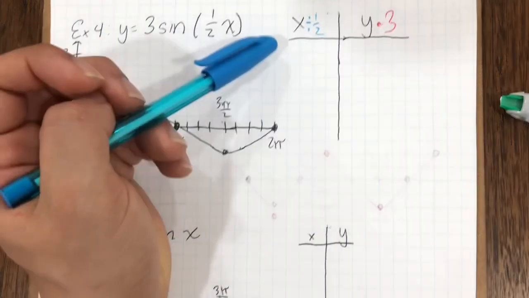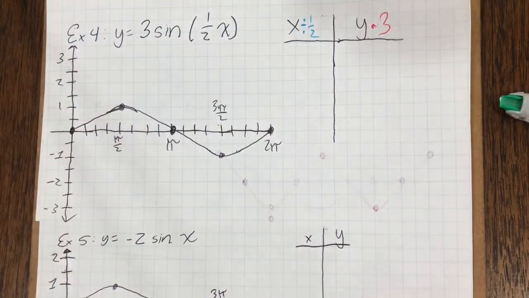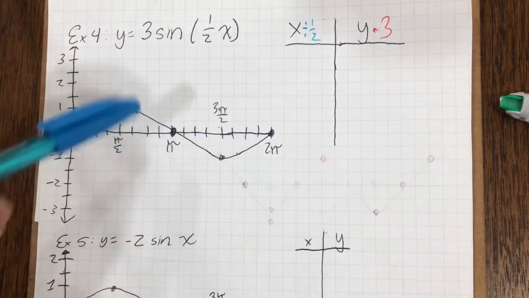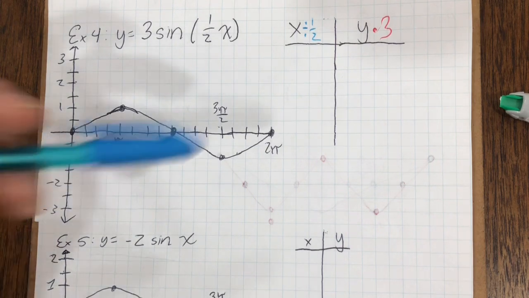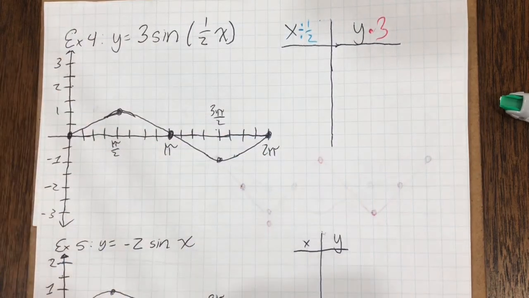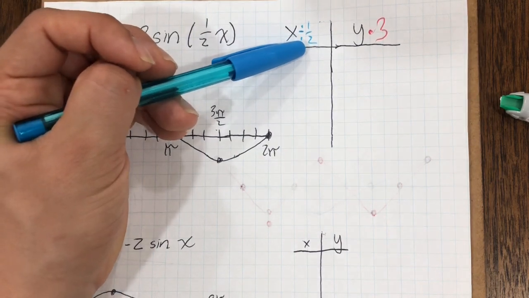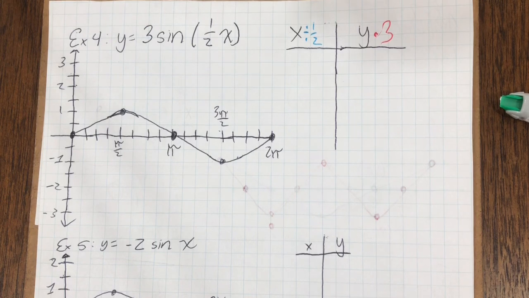Now, if you take a look, we're taking a whole number and dividing it by a half. So we're dividing fractions in this scenario. So instead of dividing fractions, what we can do is use a keep, change, flip technique to change the operation. So instead of doing x divided by a half, first off, I keep the x, I change the division to multiplication, and I flip this half, and when you flip a half, it's going to become a 2.